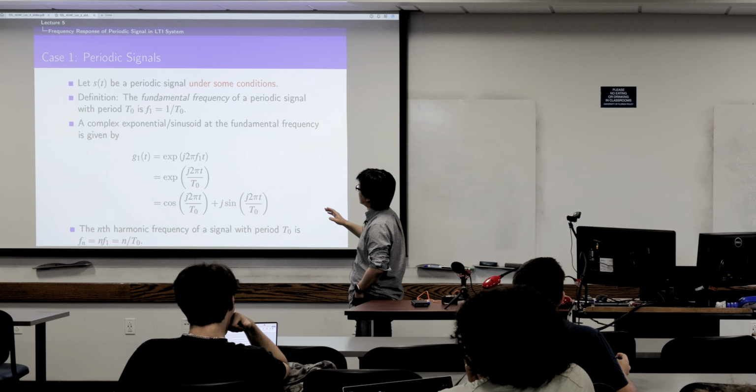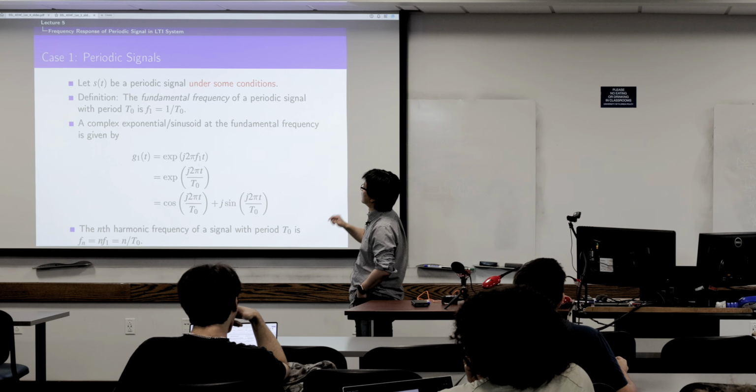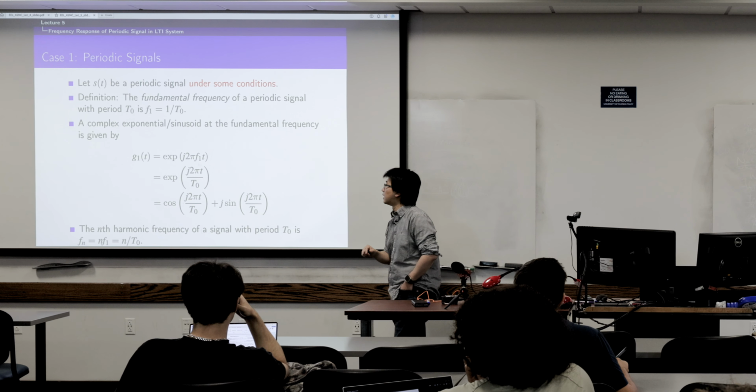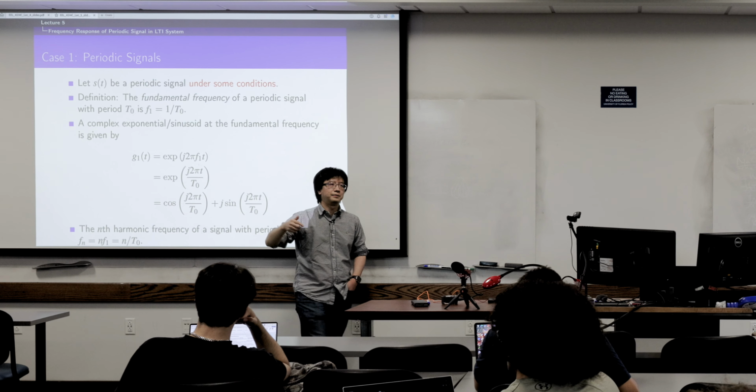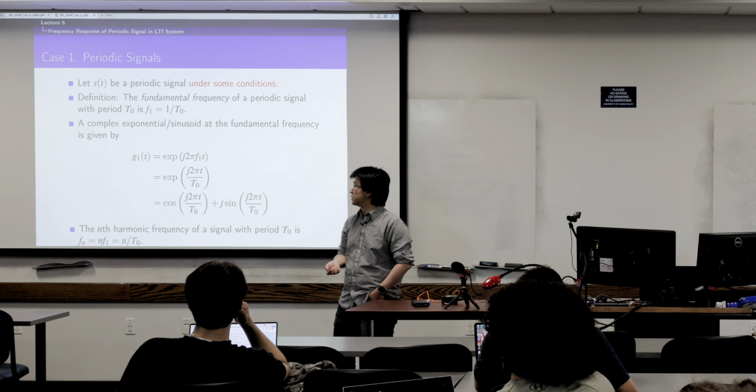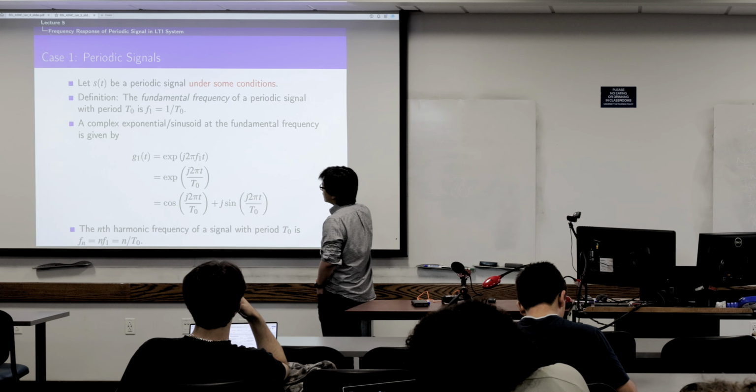Same as before, we assume the fundamental period is T naught, and the fundamental frequency is F1. The reason we do that is to indicate that F1 means 1 times the fundamental frequency. Instead of the real signal x of t we considered before, now we assume S of t is complex.